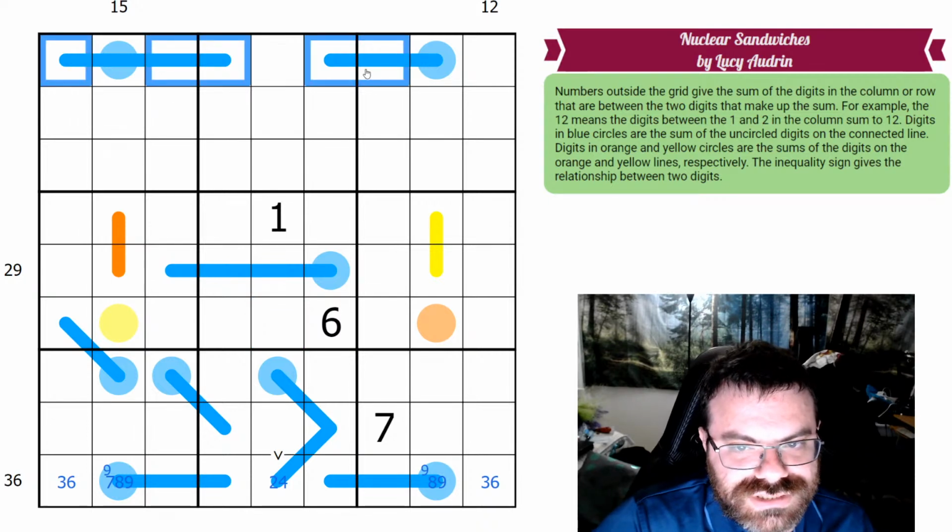Okay, yeah, so let's look at the top row then. So these add to at least 15.